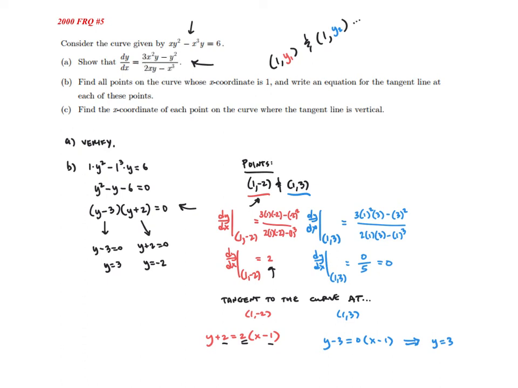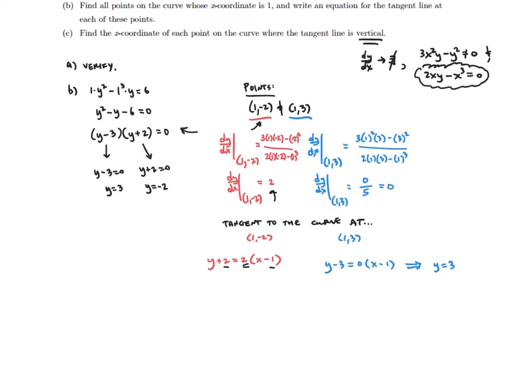So for a vertical tangent line, that's where 3x squared y minus y squared is not equal to 0, and the denominator, 2xy minus x cubed, is equal to 0. So I want to solve this to find my x-coordinates of the points where the tangent line is vertical.